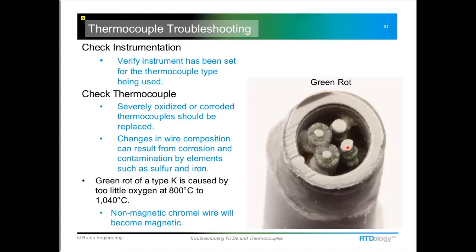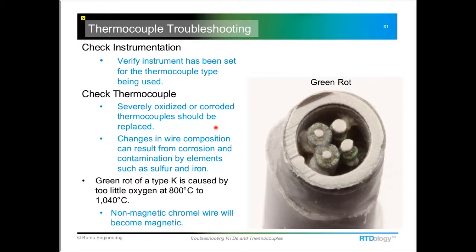This was one of the hot junctions, and this was the other one. We just sawed the tip off, and you can see this corrosion around the wires and how the cross-section area has been decreased from that corrosion. You can see just barely down in this area where there's more of the green rotted material.